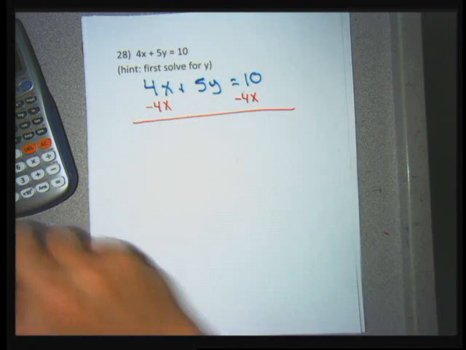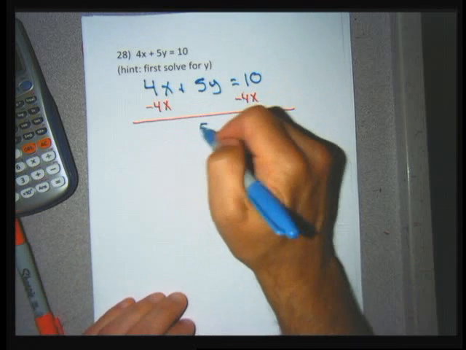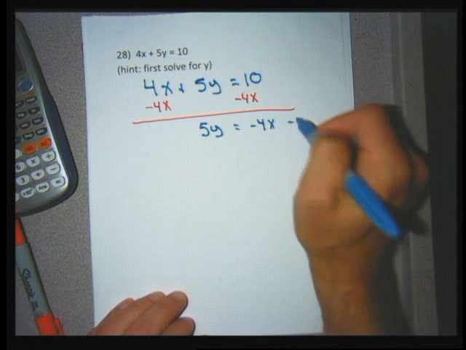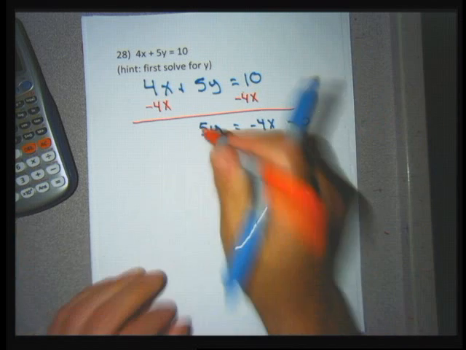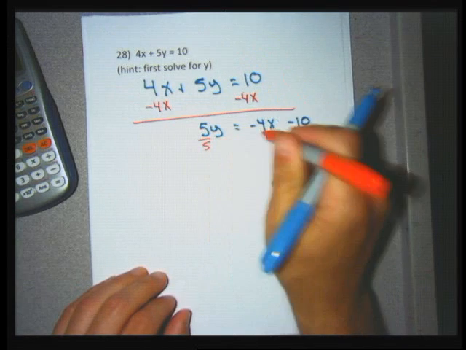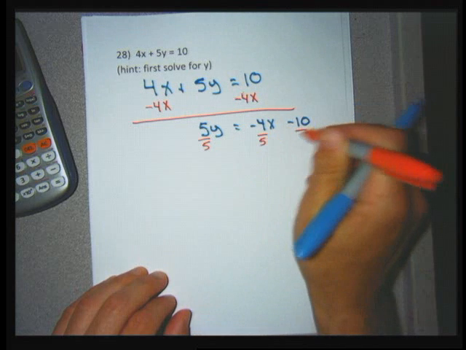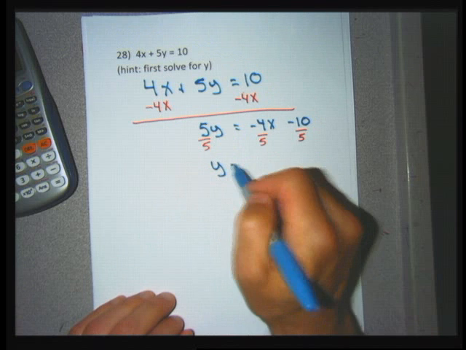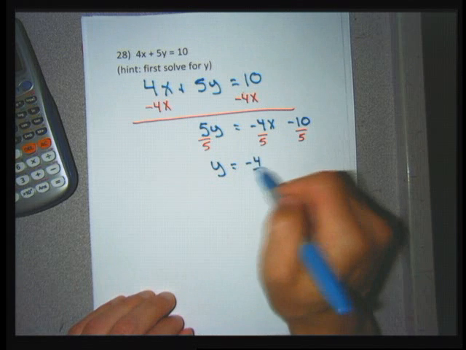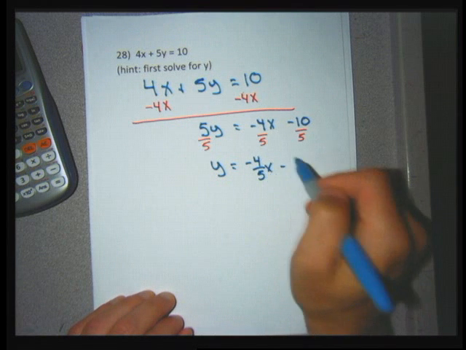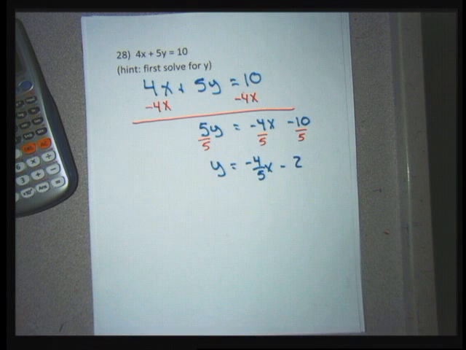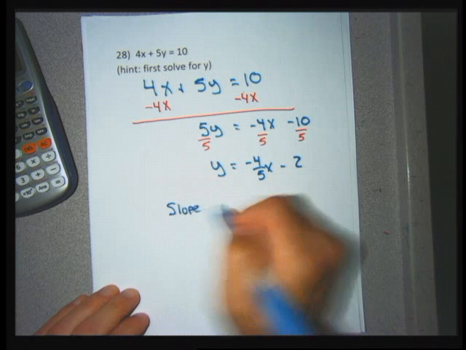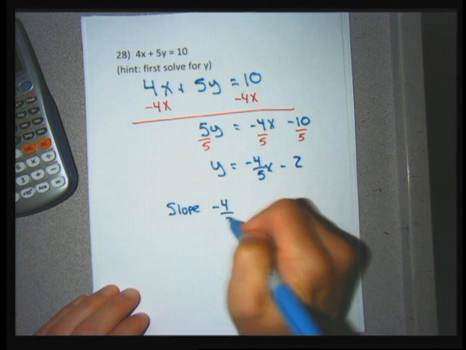To solve this equation for y, I can subtract 4x from both sides and then divide everything by 5. If I did that, I'd get the equation y equals negative 4/5 x minus 2.